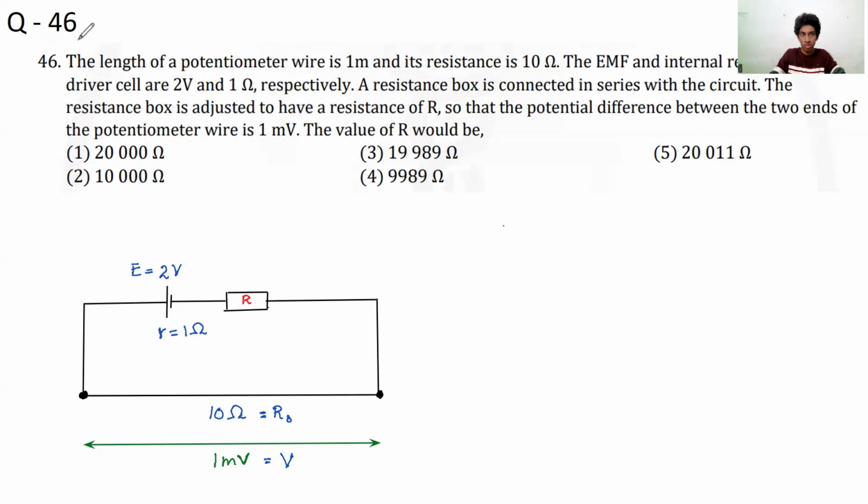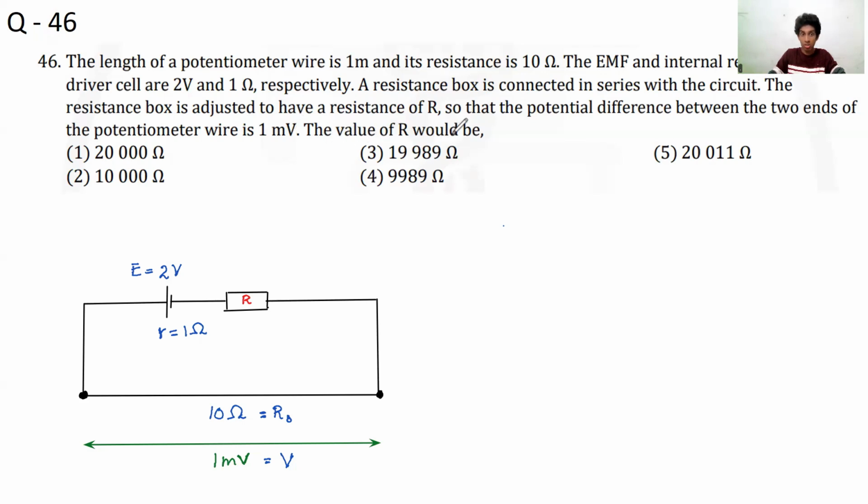Question number 46. The length of a potentiometer wire is 1 meter and its resistance is 10 ohm. The EMF and internal resistance of the driver cell are 2 volts and 1 ohm respectively. A resistance box is connected in series with the circuit. The resistance box is adjusted to have a resistance of R so that the potential difference between the two ends of the potentiometer wire is 1 millivolt.